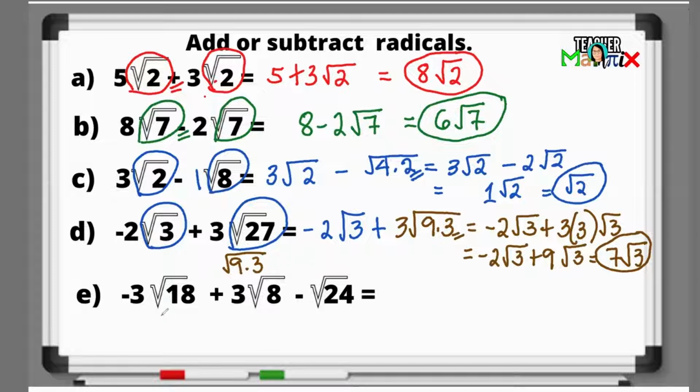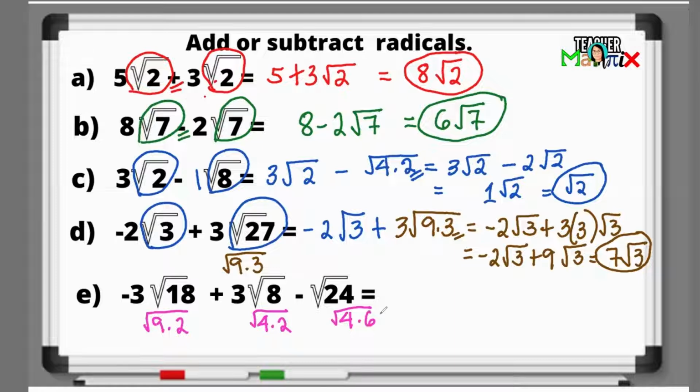Okay, let's start with 18. Of course, if it is 18, the possible factors are 9 and 2. And then with 8, 4 and 2. With 24, it's 4 and 6.